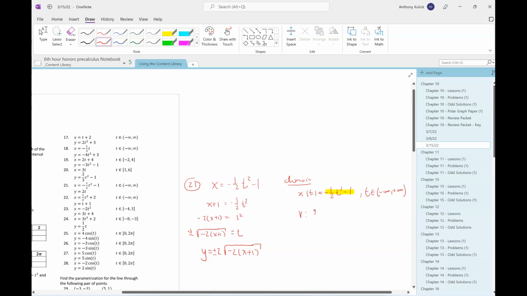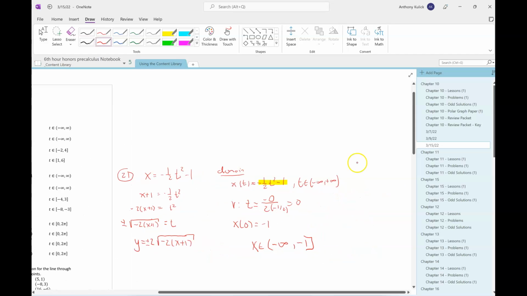To find the t coordinate for that vertex, that's going to be -b over 2a. And then when I do x of 0, I get -1. So my domain goes from negative infinity up to -1.